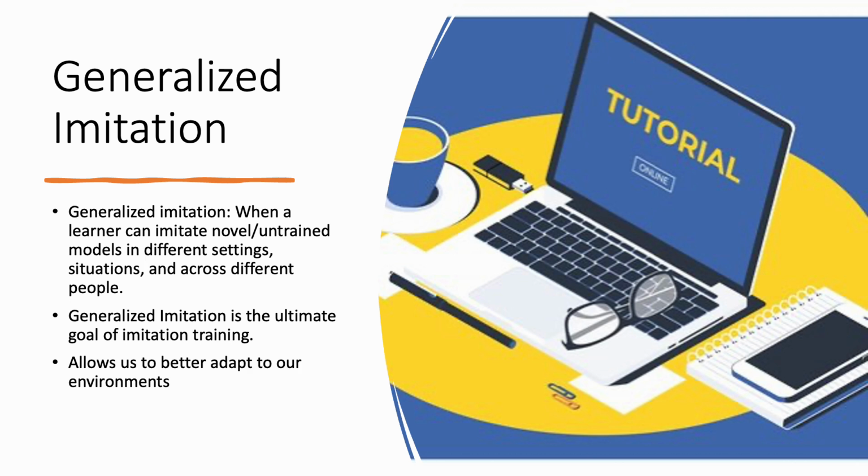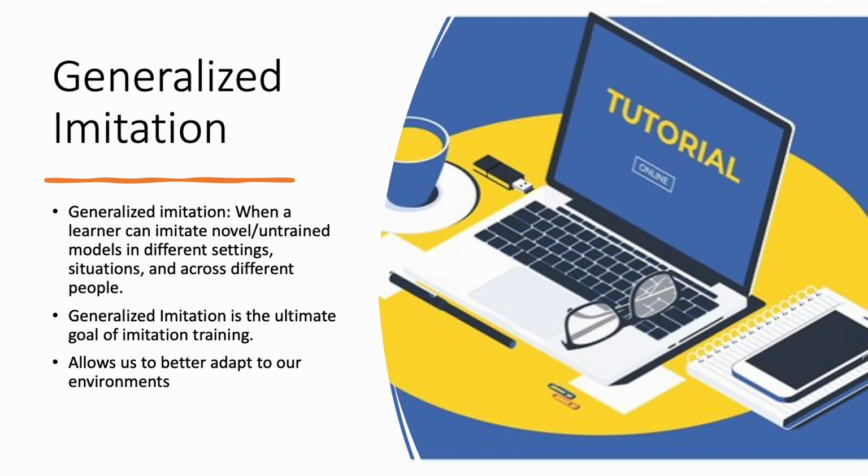If you're not able to do that and someone has to sit there and explicitly teach you every single skill, then that's going to be cumbersome. And it's going to be difficult, and maybe you won't be able to maintain that job. And so that's why I say that really the goal of imitation training is always going to be to have a generalized imitative repertoire eventually, to be able to respond to novel, untrained, unprompted models. Okay.